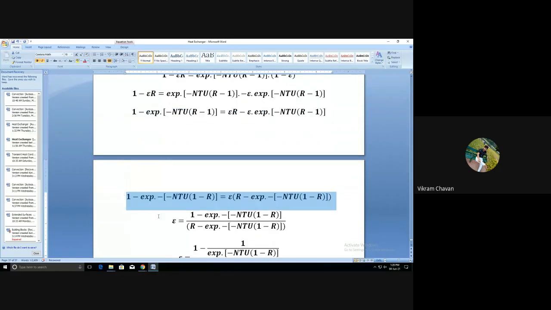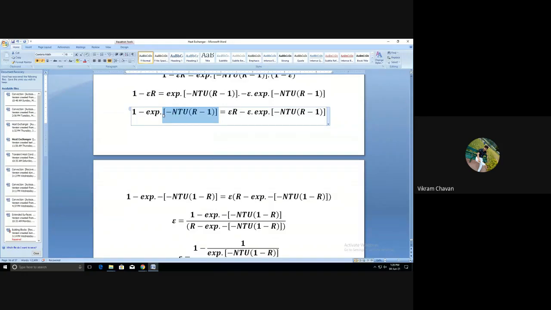Now, once again, we want this particular term 1 minus R. The R value is lesser than 1, so we should not take R minus 1. So we want 1 minus R, and for that reason we can take minus common out of this particular bracket, and we have to provide this outside the square bracket.